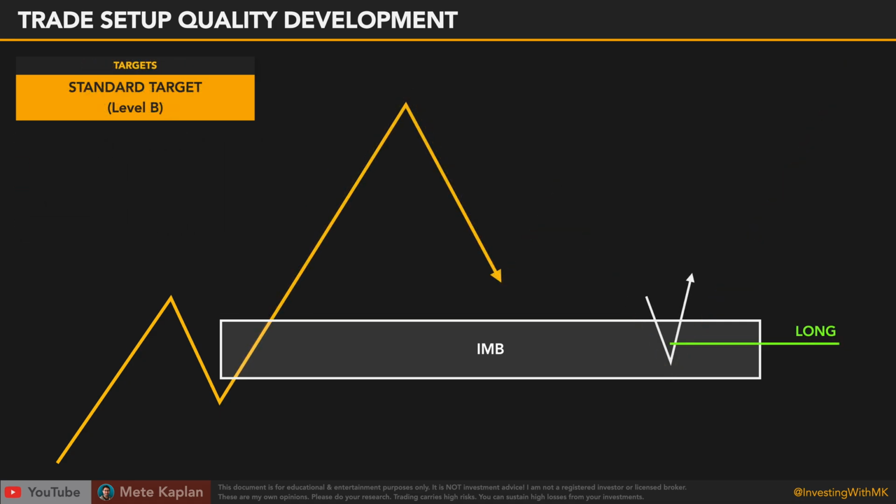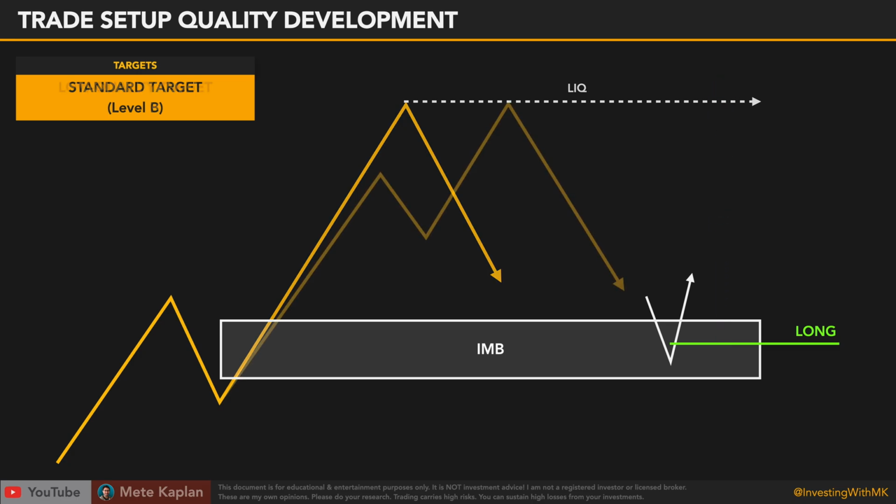First of all, improving your target detection. 99% of targets are based on liquidity. As you can see, in this very simple trading setup, if I long here, my target would be this top liquidity point. A very simple idea.